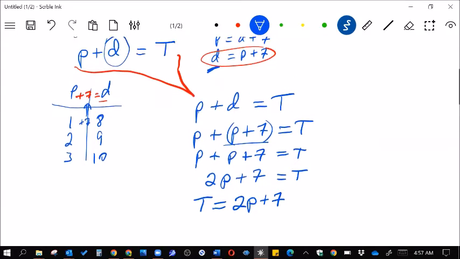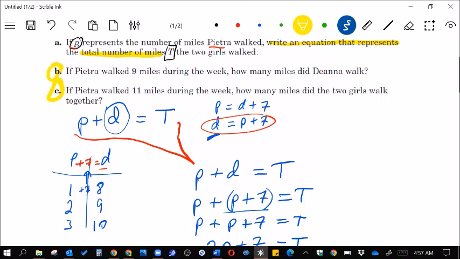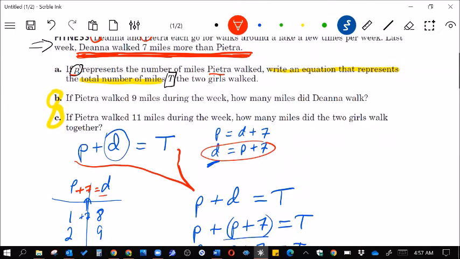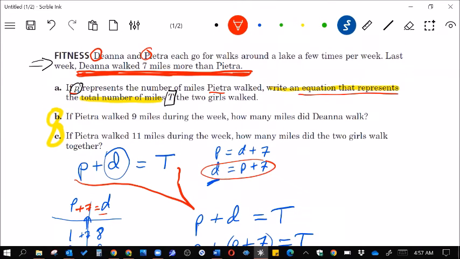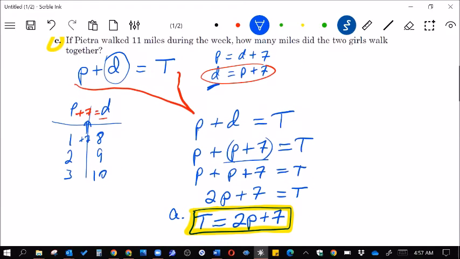Okay, so that's the equation for A. Now coming back up here, what we just did was the equation that represents the total number of miles. That one's done. If Pietra walked 9 miles during the week, how many miles did Deanna walk?